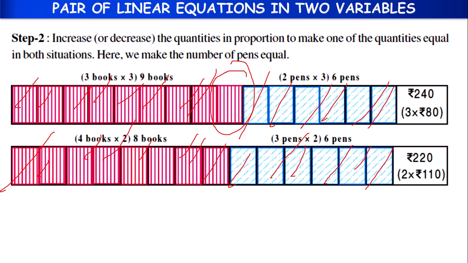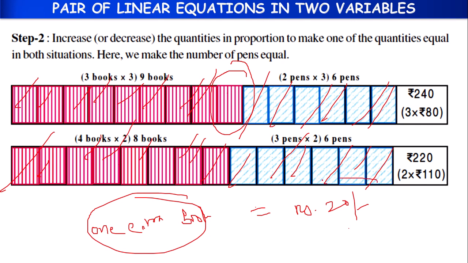If we take the difference of these two proportions, we will have only one extra book. And the amount, out of 240, if we remove 220, will be 20 rupees. So one extra book costs 20 rupees. We can come to that conclusion.